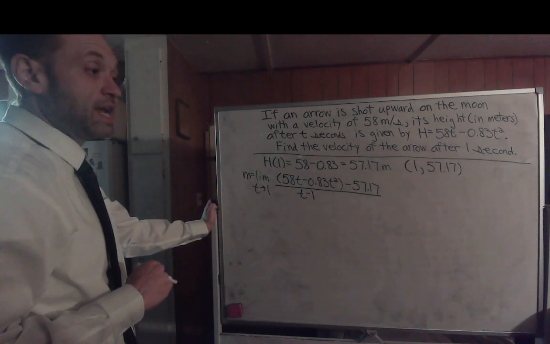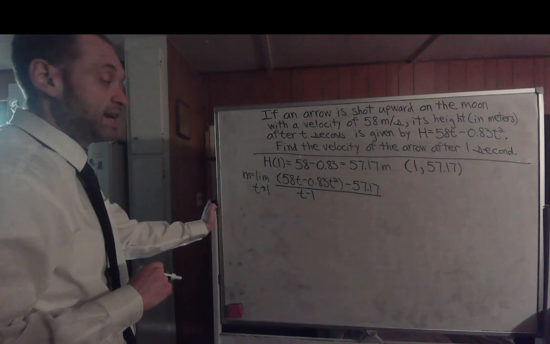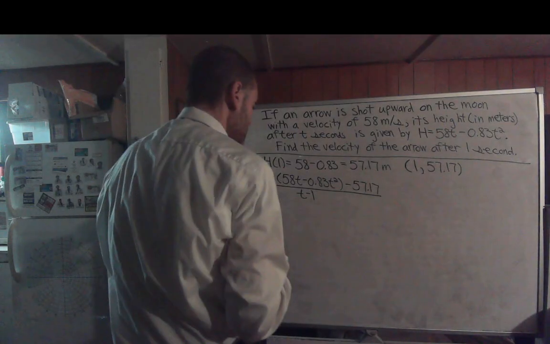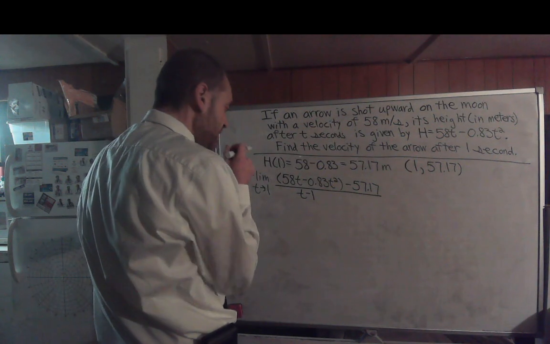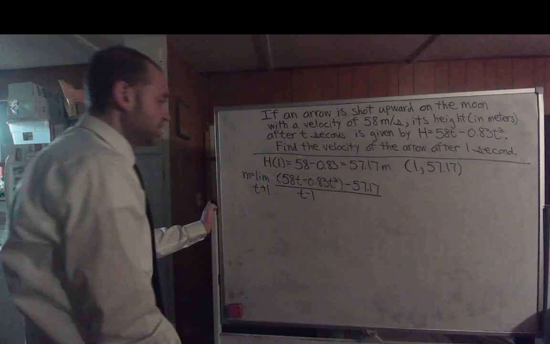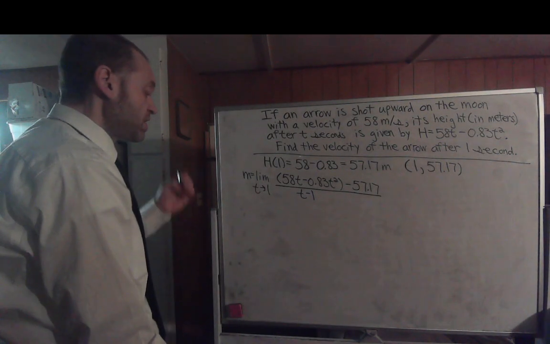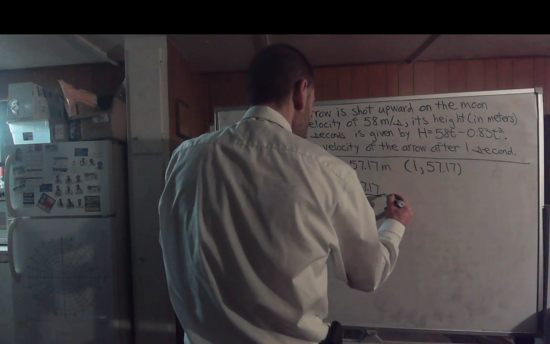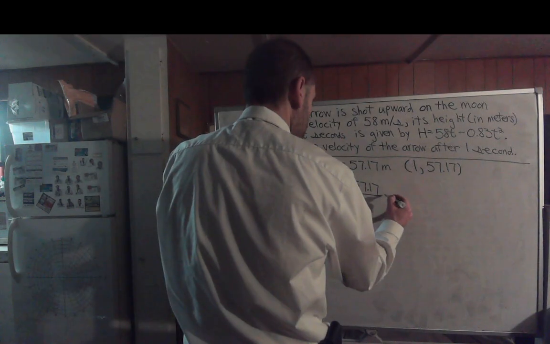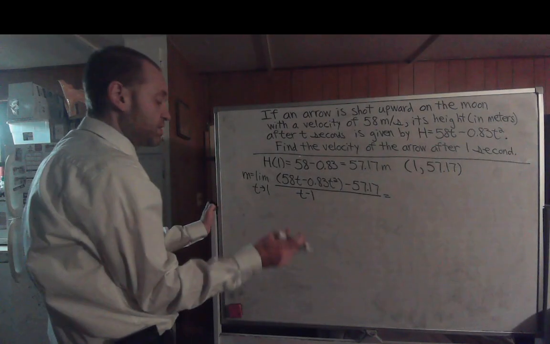We're probably going to have to bust out the quadratic formula, which I was really hoping we wouldn't have to. No, we should be able to factor out the t minus 1. Gosh, man, this is going to be rough. I'll use polynomial long division rather.